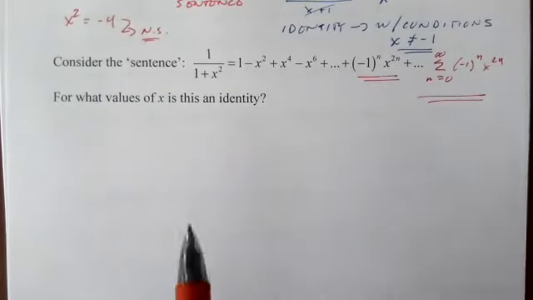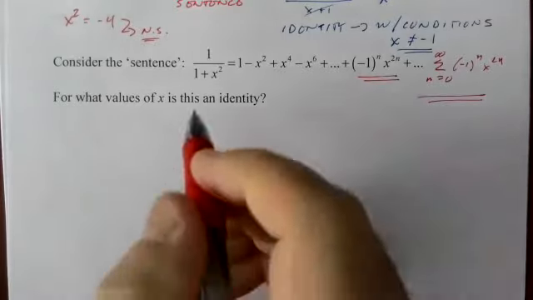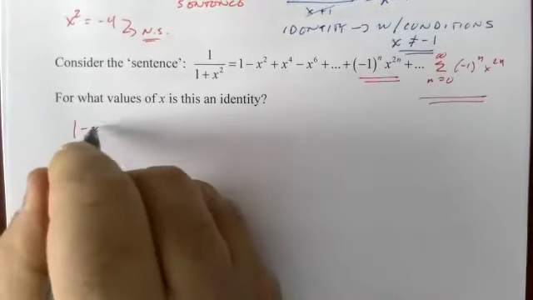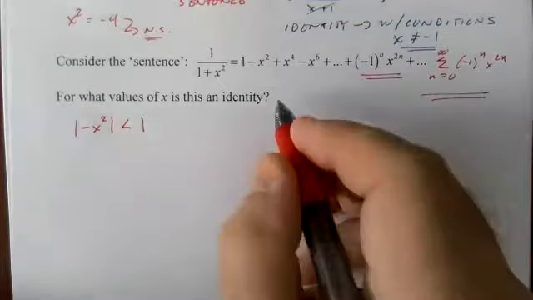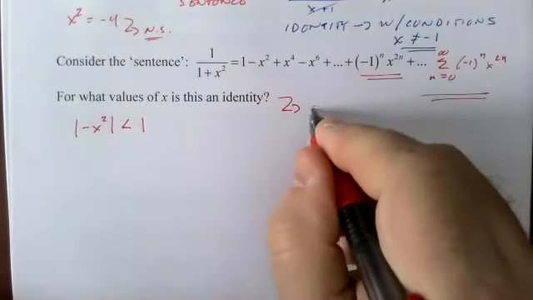For us, the AP exam doesn't care quite as much, but for us, it's nice to know. So does it work no matter what I put in here? No, it does not. It only works when the r value, in this case -x squared, has an absolute value less than 1. So we have to find the condition.